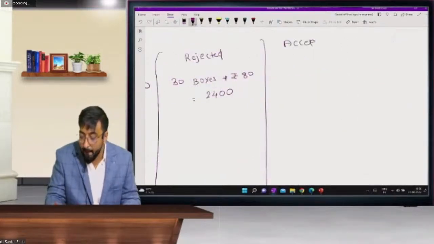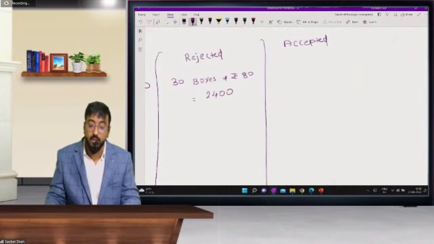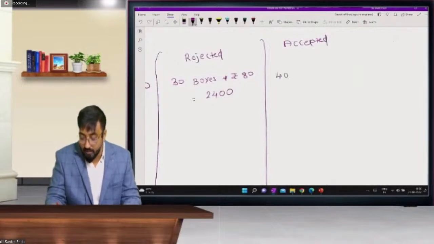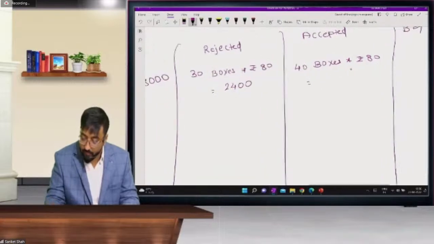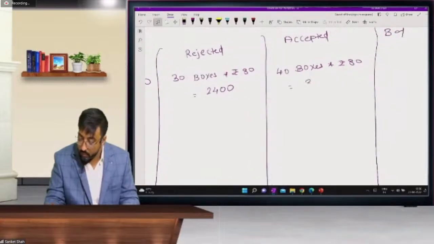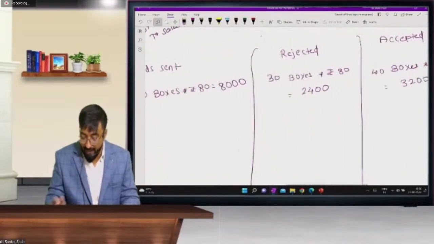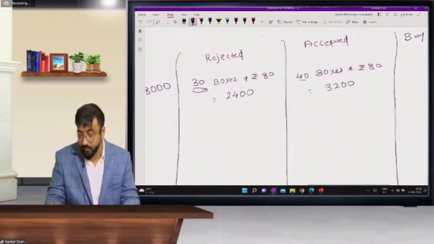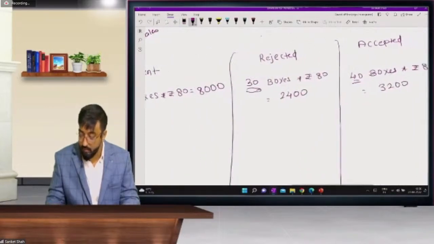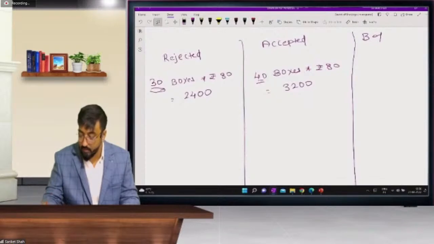Accepted: 40 boxes at rupees 80. And balance: 100 minus 30 is 70, minus 40, so 30 boxes.